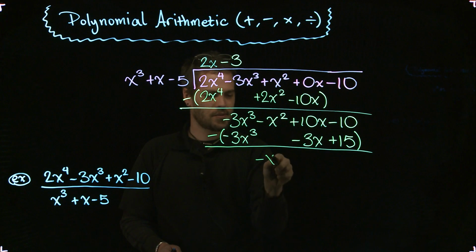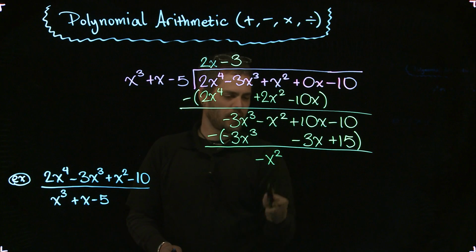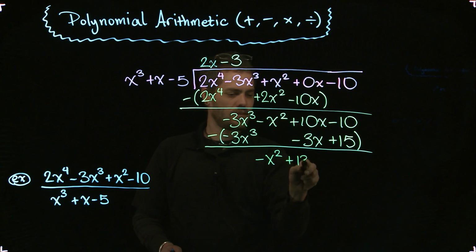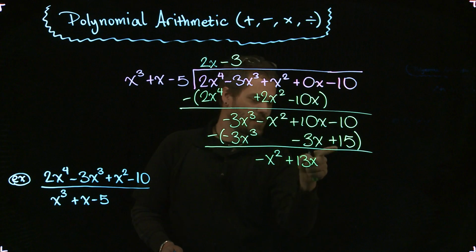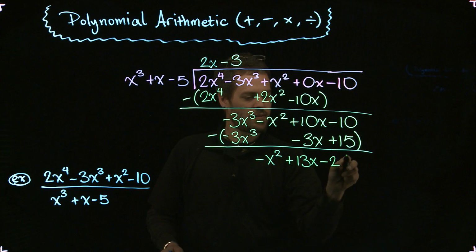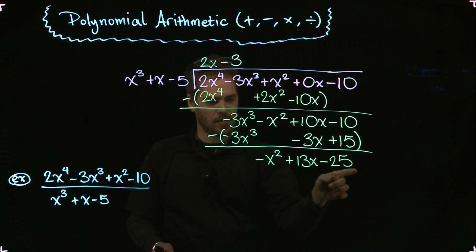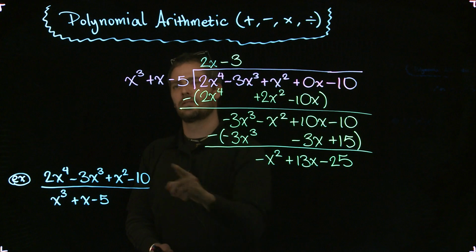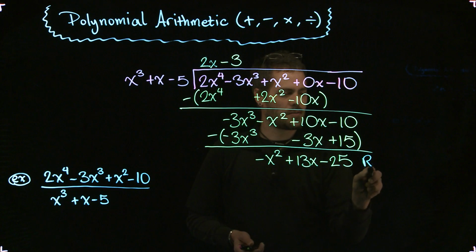Bring down our negative x squared. 10x, distribute that negative, plus 3x is plus 13x. Negative 10 minus 15 is negative 25. And at this point, I notice that the polynomial that remains is a degree less than the divisor. So I'm going to stop there and call this the remainder.